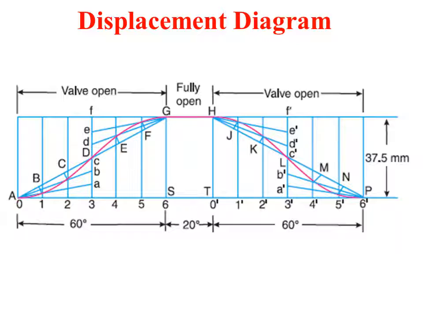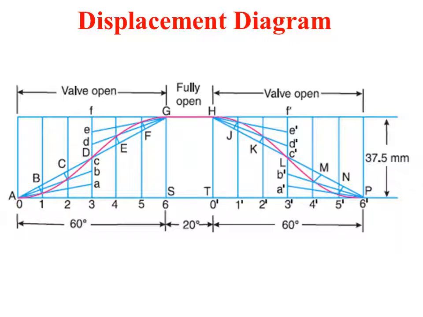So here AS represents the outstroke 60 degree, ST represents the dwell, that is 20 degree, and TP represents the return stroke, that is 60 degree. So we need to draw according to the given problem. Here if you total up the outstroke, dwell and the return stroke, it comes to 140 degree. So every time you need not draw a horizontal line equal to 360 degree.